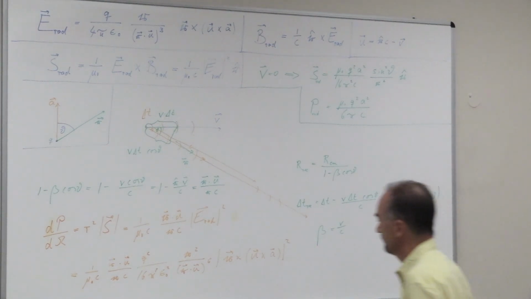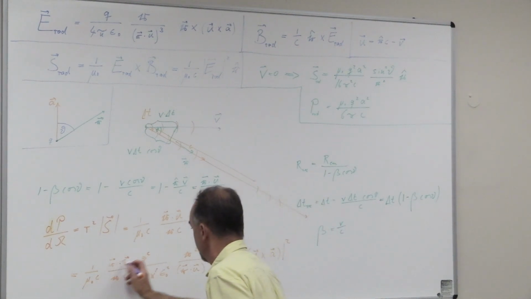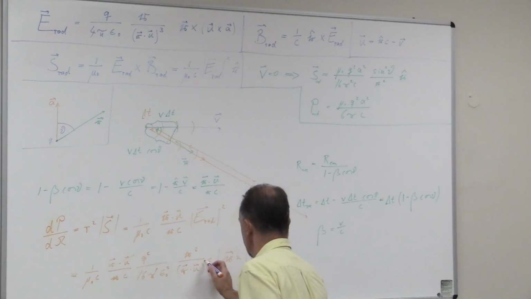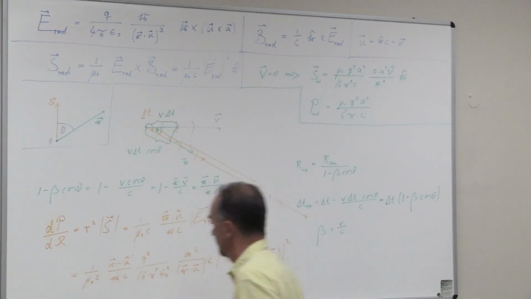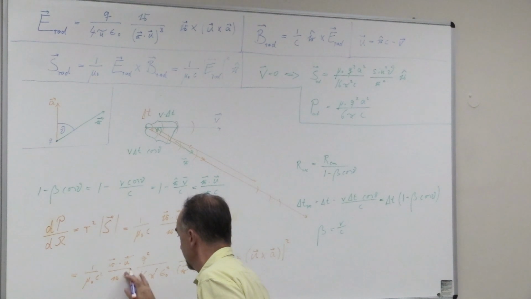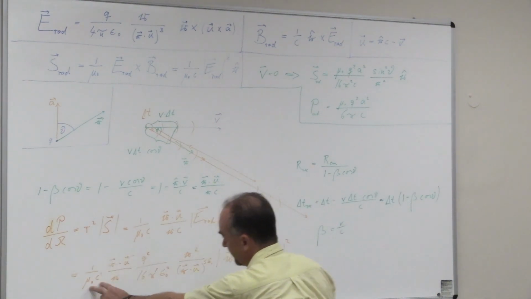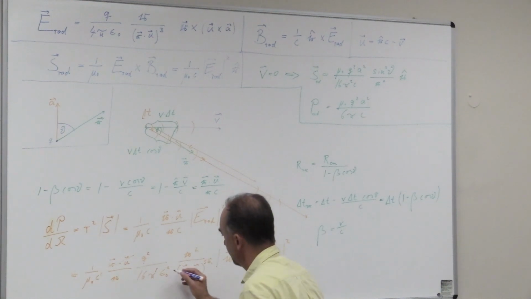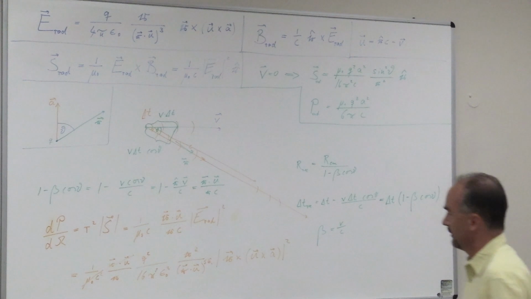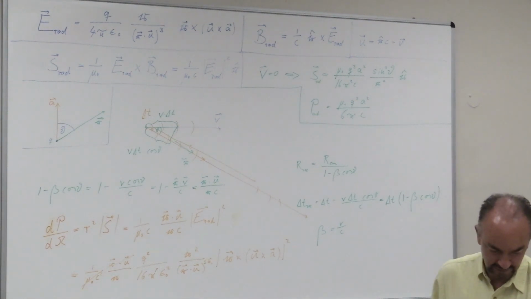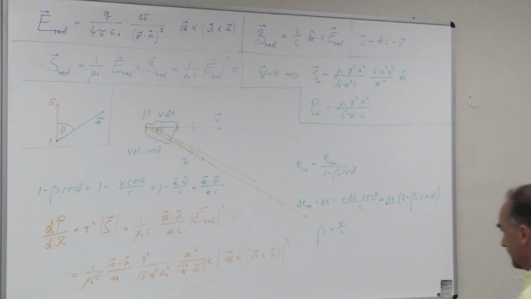Okay, now what cancels out here? There's one here that cancels one of these, 5 here that cancels one of these. We have 2 c's here, and 1 over mu naught c squared is epsilon naught, right? So this just cancels out. So if I didn't mess anything up, did I?